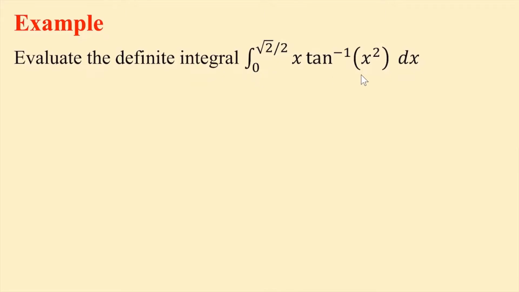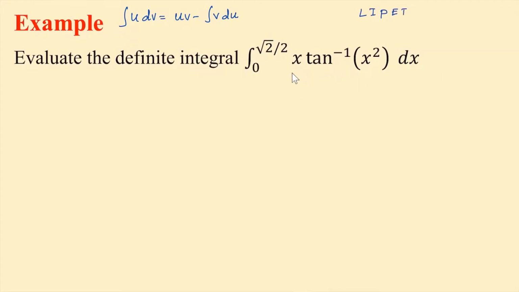Integration by parts says integration of u dv equal to uv minus integration of v du. Now, we need to select u and dv from this integral. In order to select u and dv from this integral, we use the acronym LIATE.